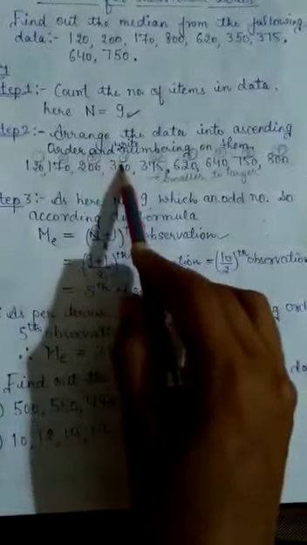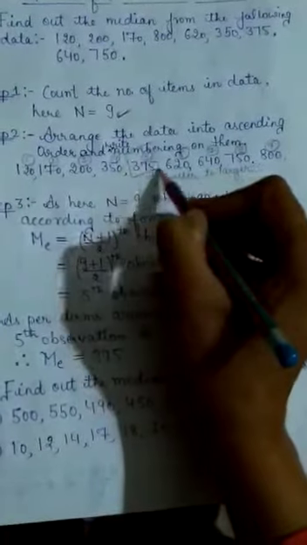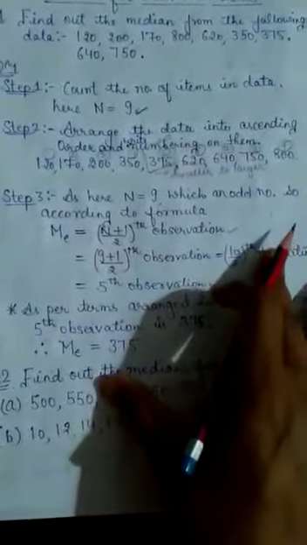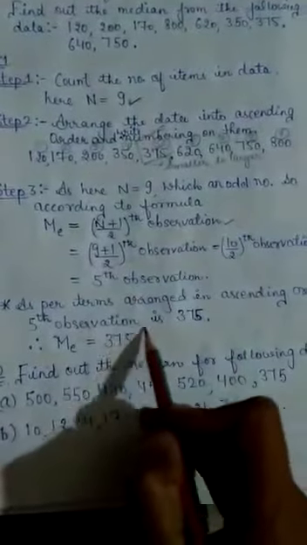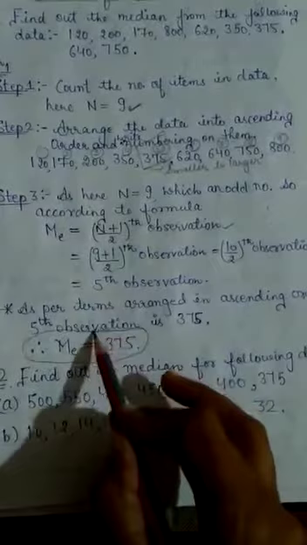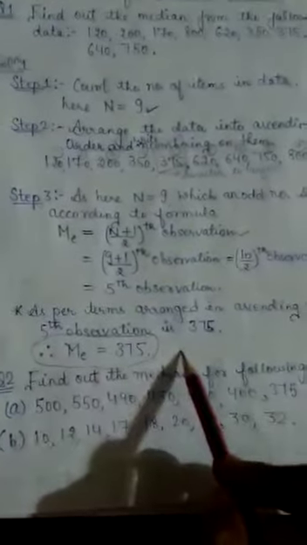So what is the 5th observation? 1, 2, 3, 4, 5. Your 5th observation is 375. So your median will be 375.